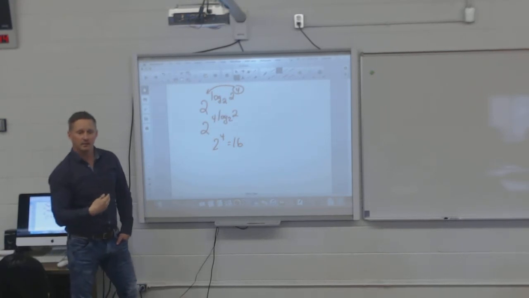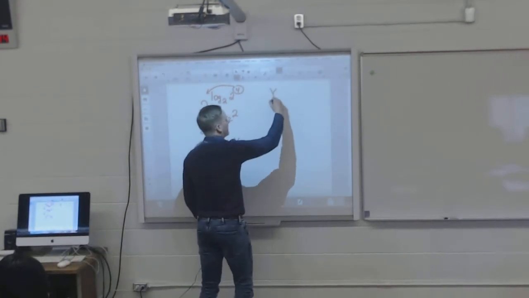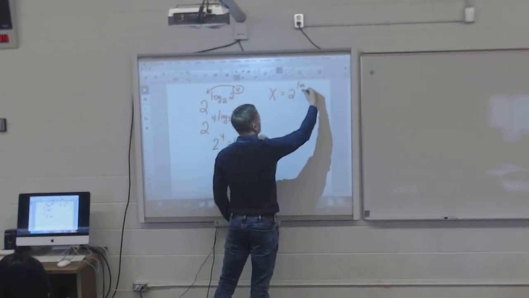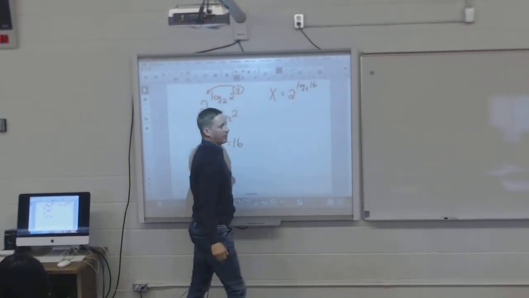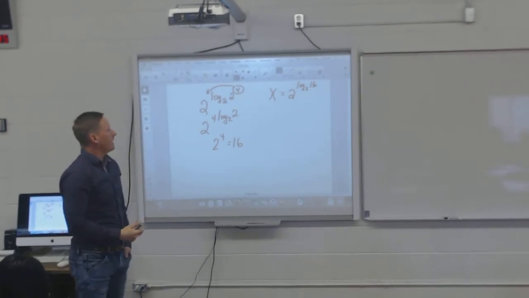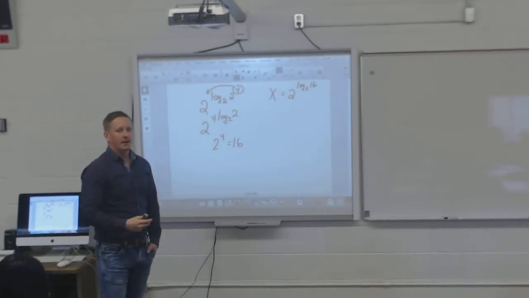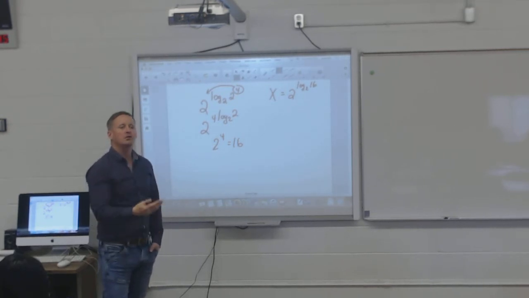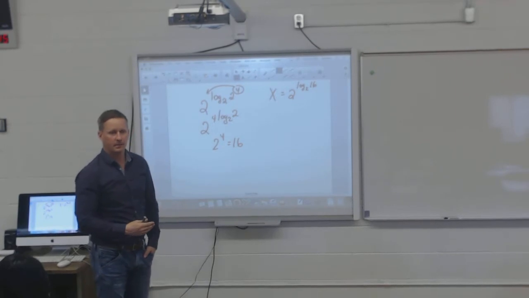How I do it is I make x equal this, and I don't like it already because I like what you did. Now I'm going to change this from an exponential function to a logarithmic function.